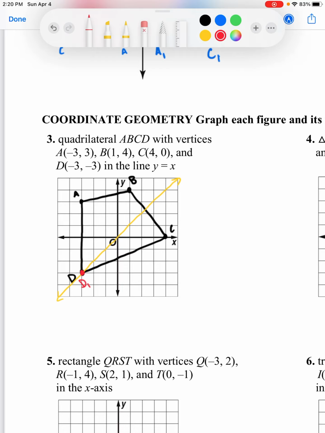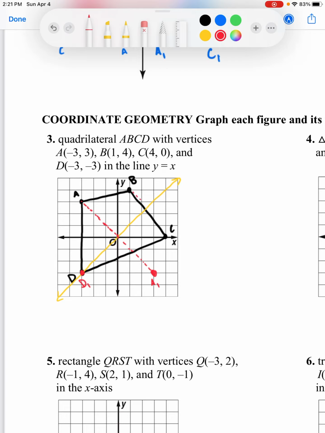Now A, to get to this line of reflection, we go like this. And that should be perpendicular to that line of reflection. Now, since we went 3 diagonal spaces to the line of reflection, that means we need to go 3 diagonal spaces past the line of reflection. And then that's going to be point A prime.